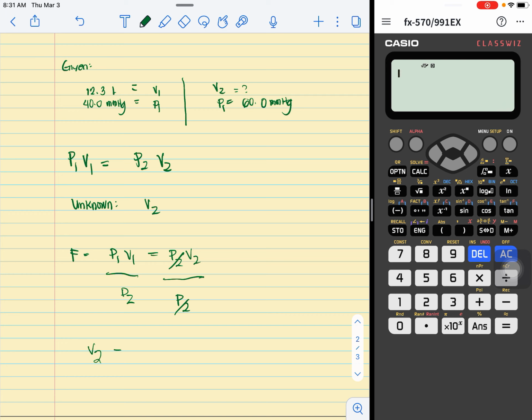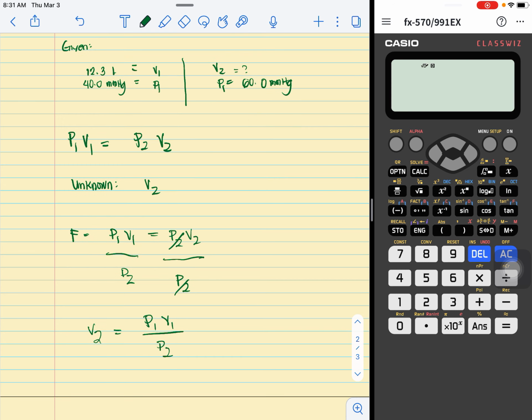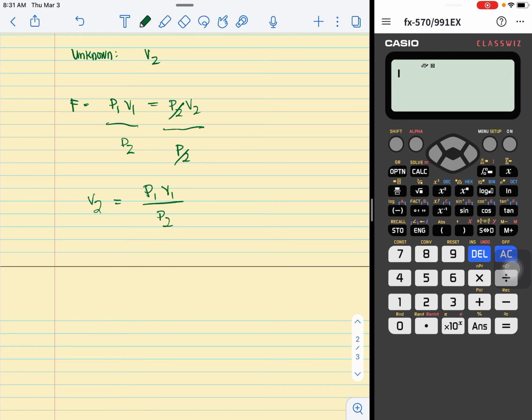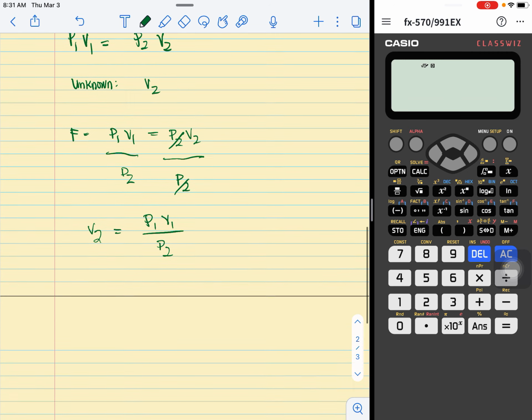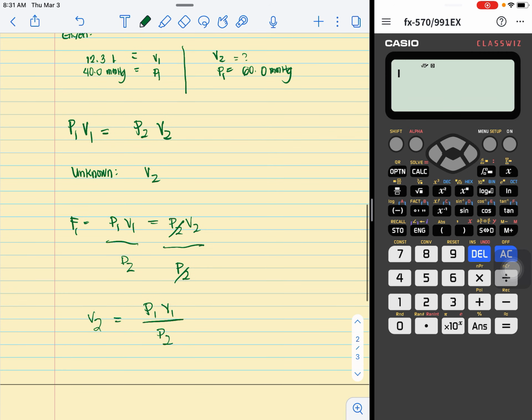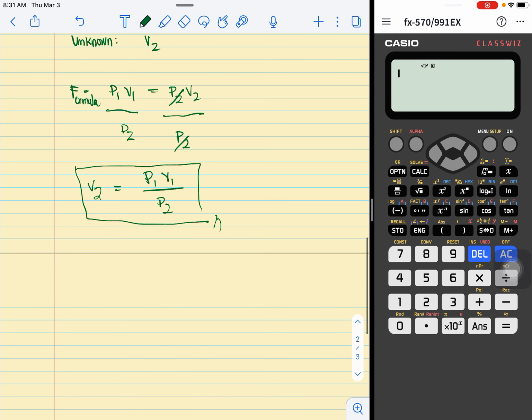Then V2 is equal to P1V1 divided by P2, right? So let's try to solve. This is our formula and solution.